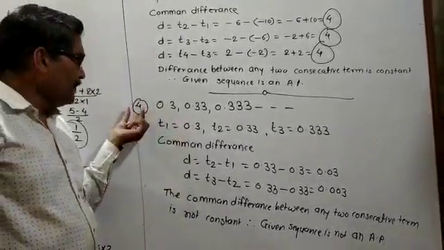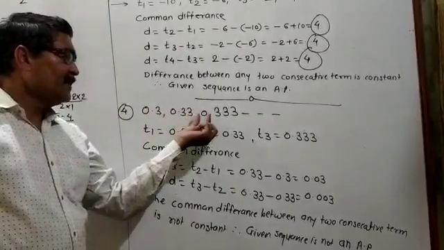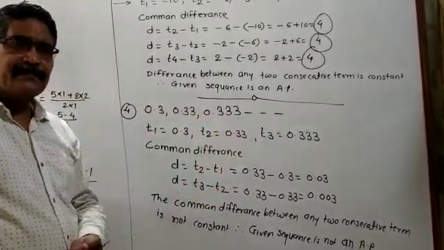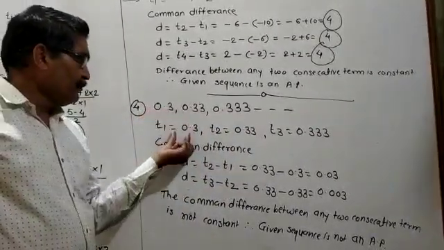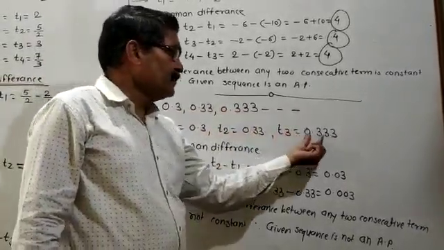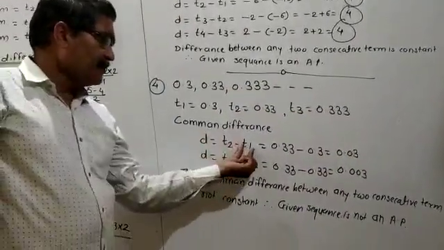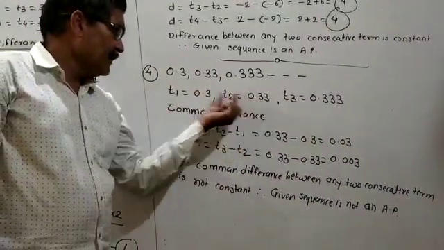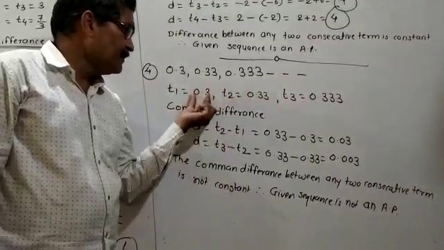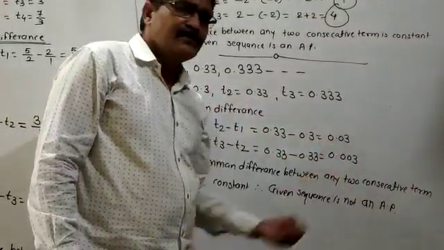Then come to the next question. Fourth sub-question: 0.3, 0.33, 0.333. T1 is equal to 0.3, T2 is equal to 0.33, T3 is equal to 0.333. Find the common difference. d is equal to T2 minus T1, which is 0.33 minus 0.3, equal to 0.03.